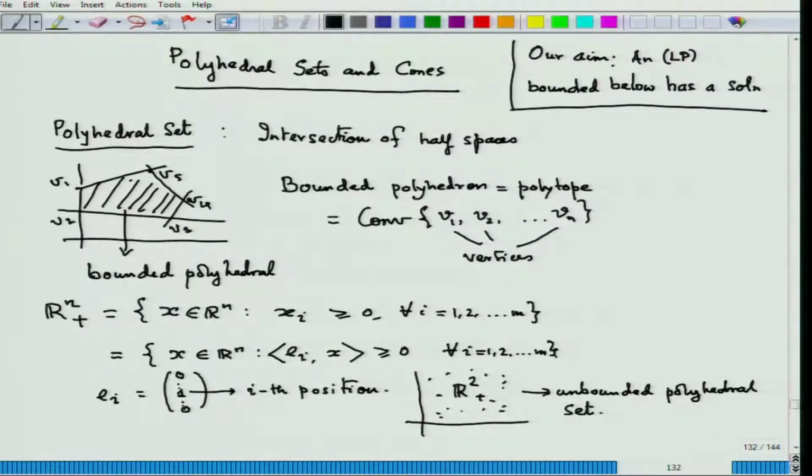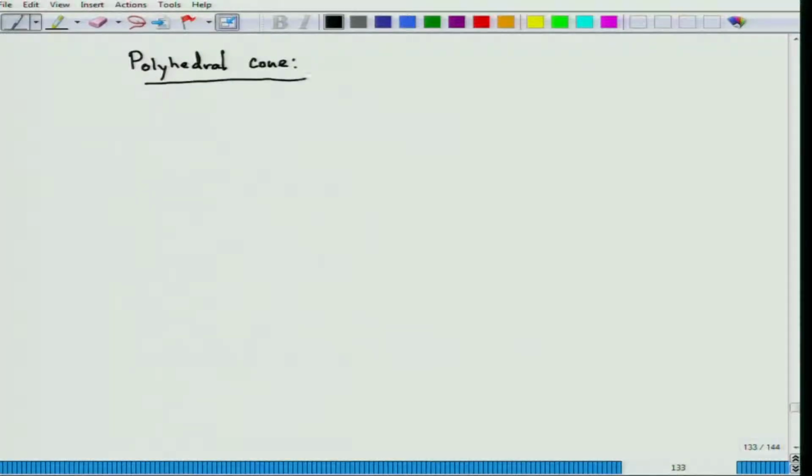Now, we will go into the notion of what is called a polyhedral cone. A polyhedral cone C can be written as the set of all x in Rn such that a_i x is less than or equal to 0.